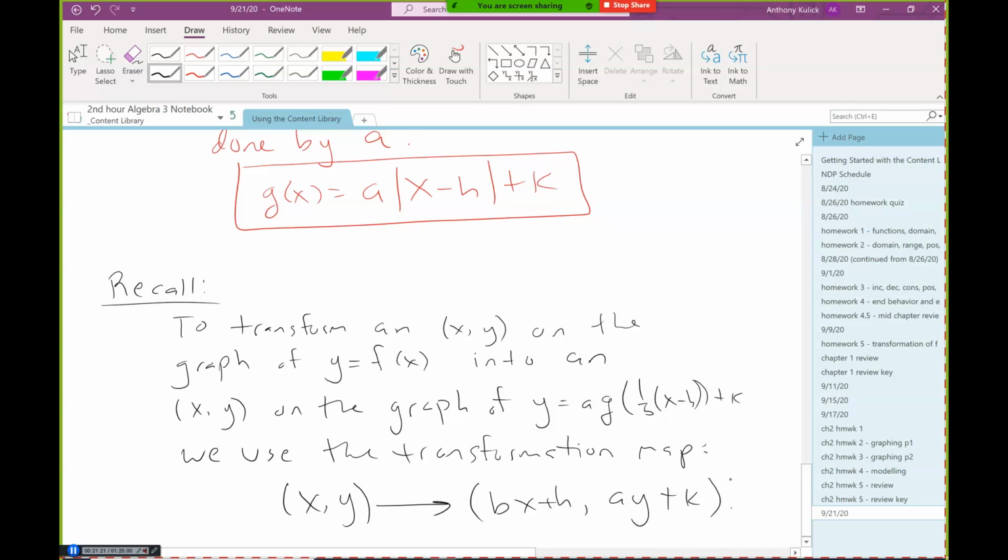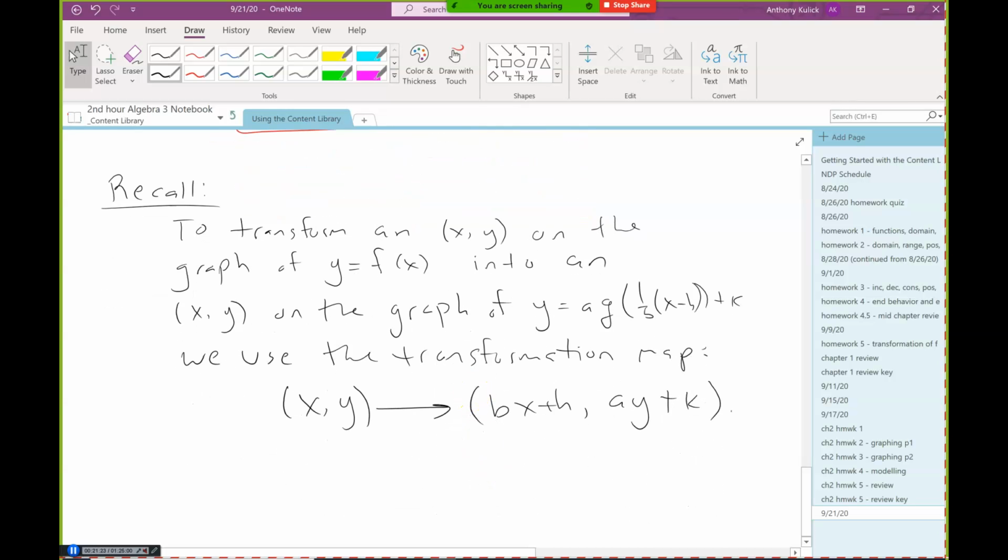Also from last chapter, we know that to transform a point on the graph of y equals f of x into a point on the graph of g of x equals a times f of 1 over b, we use the transformation x, y goes to bx plus h, ay plus k.